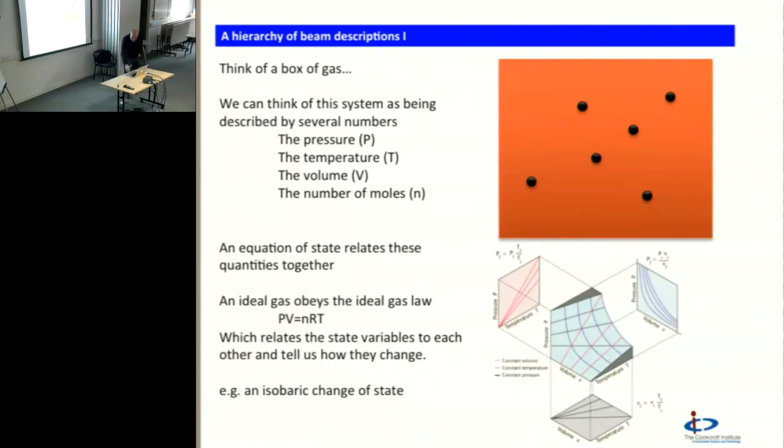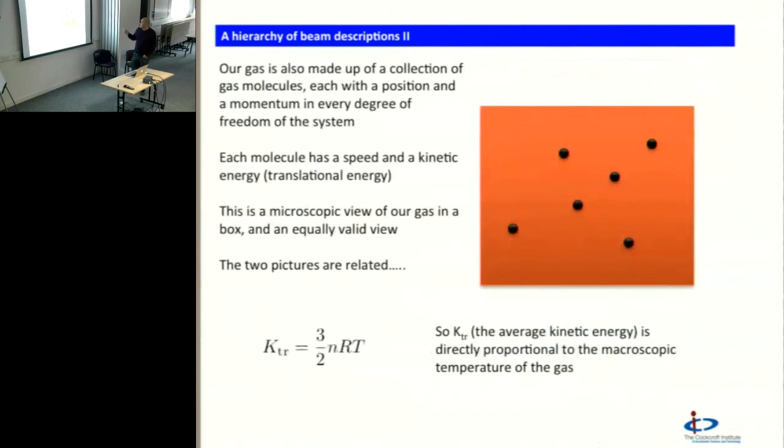So we have the pressure of a gas, but a gas is also made up of a whole load of individual molecules, 10 to the 23, some vast number. Each of those has a position and a momentum, so 6 degrees of freedom. So we can also think of a gas as the speed and position of that molecule, that molecule, and that molecule.